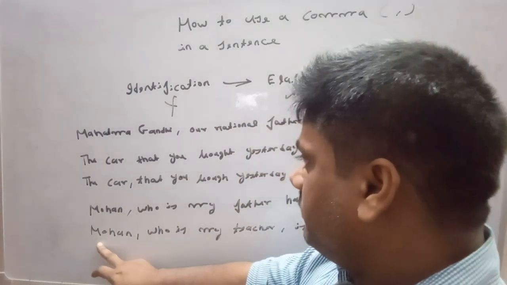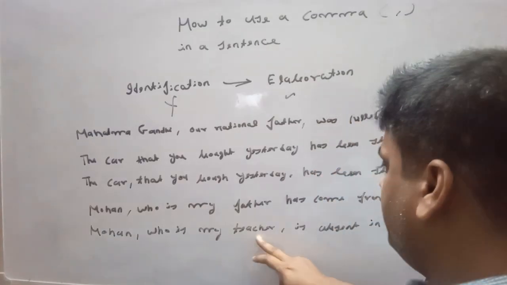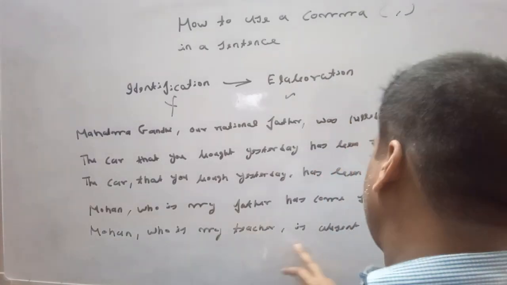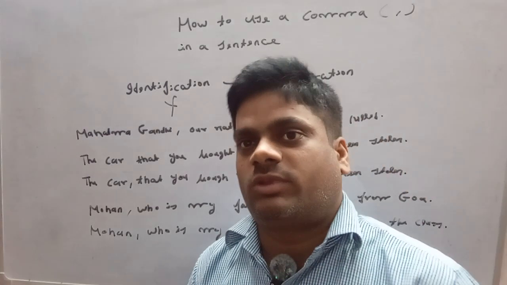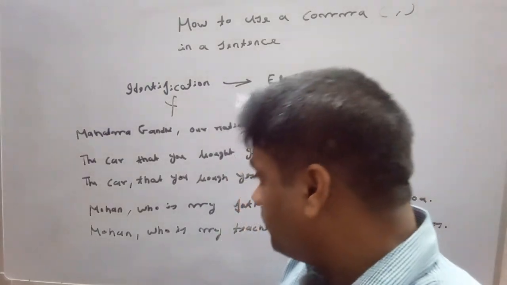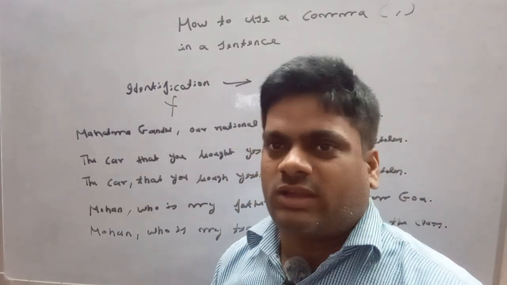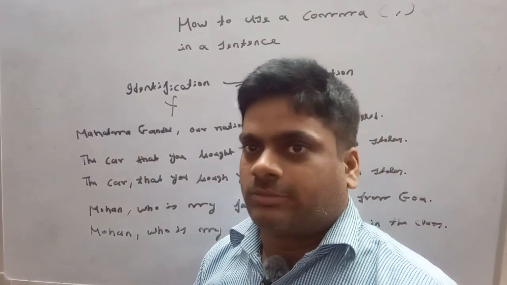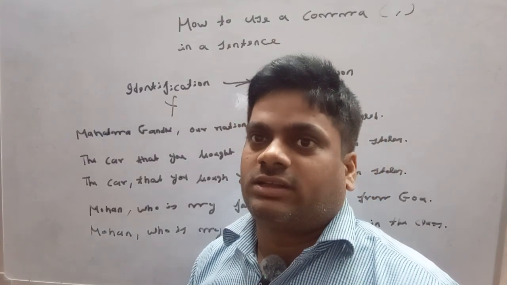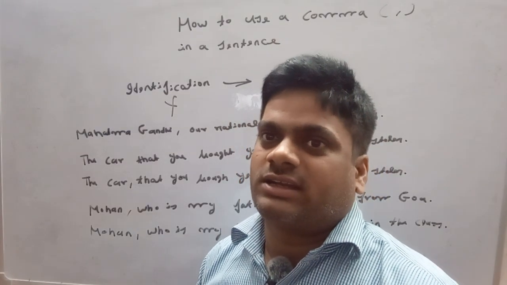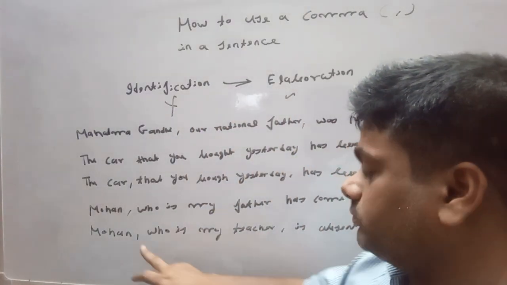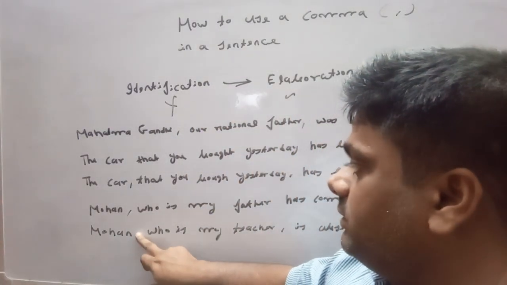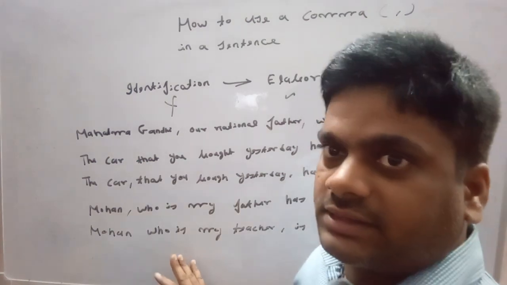In the last one, Mohan, who is my teacher, is absent from the class. Here we can make elaboration of the noun, because we are talking about our teacher, and the teacher needs elaboration, not identification. If we are going to identify the noun, it means we can remove the comma.